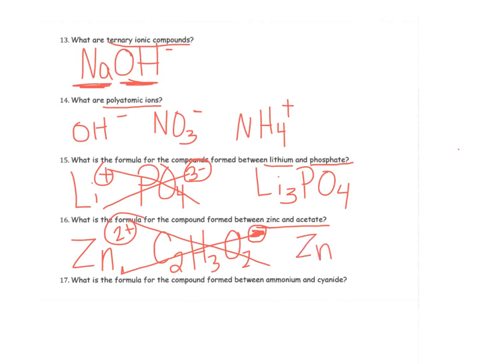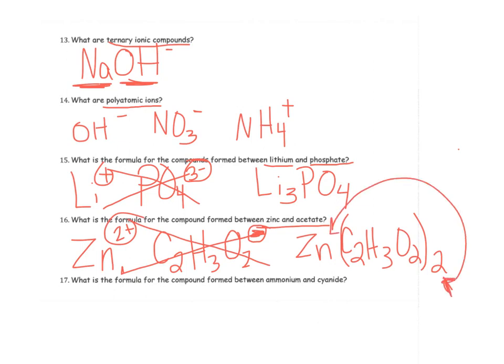And so I have zinc, the 1 is understood, C2H3O2. And how I put that 2 there is I use parentheses and the 2. So now you know where the parentheses come from and why there's a little number on the outside. Because this was the charge that was on zinc. Okay? Let's do another one.